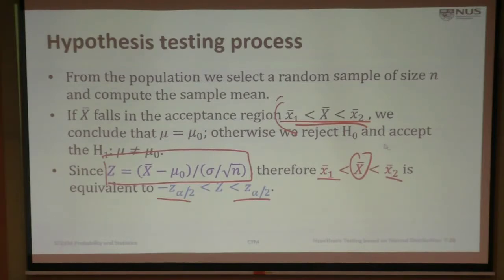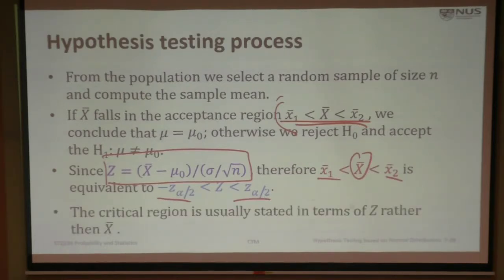So in other words, there are two representations of this test. One is in terms of x bar, where you work out the little x1 bar and little x2 bar. Alternatively, you define the test statistic as z, which is x bar minus mu naught over sigma over root n. Then you compute this once you have the sample, and look at whether it's between minus z alpha over 2 and z alpha over 2. So usually we use z instead of x bar.